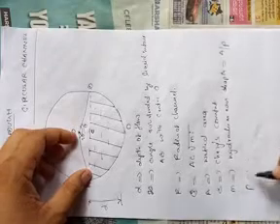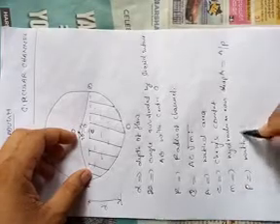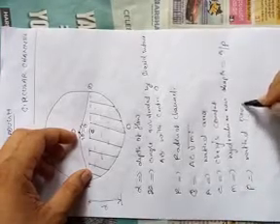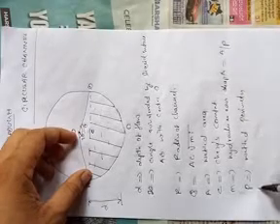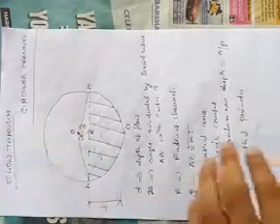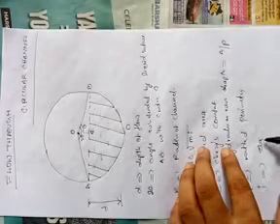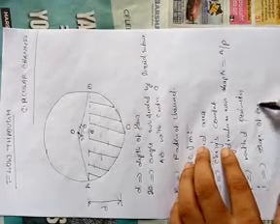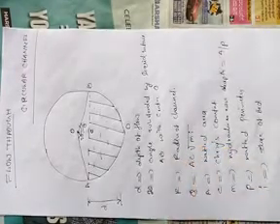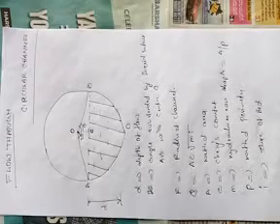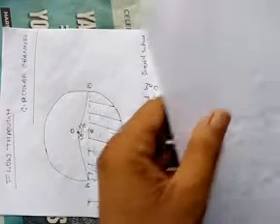P is the wetted perimeter. And I is the slope of the bed. You got my point?